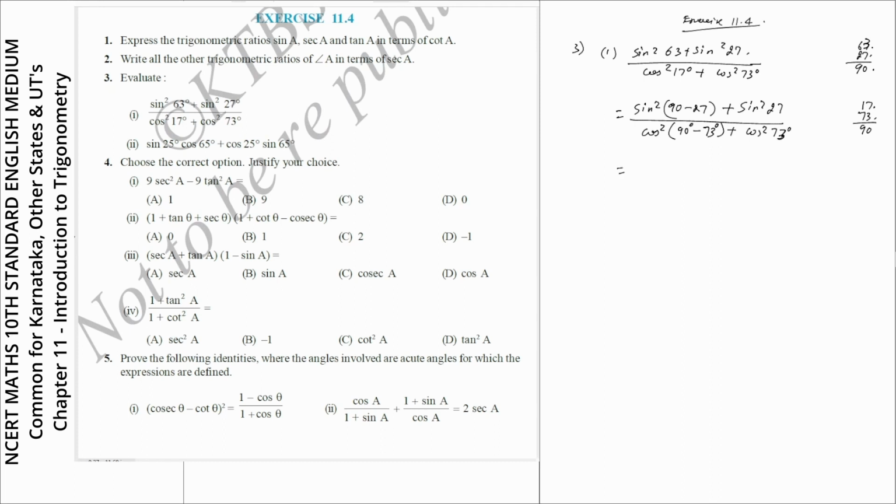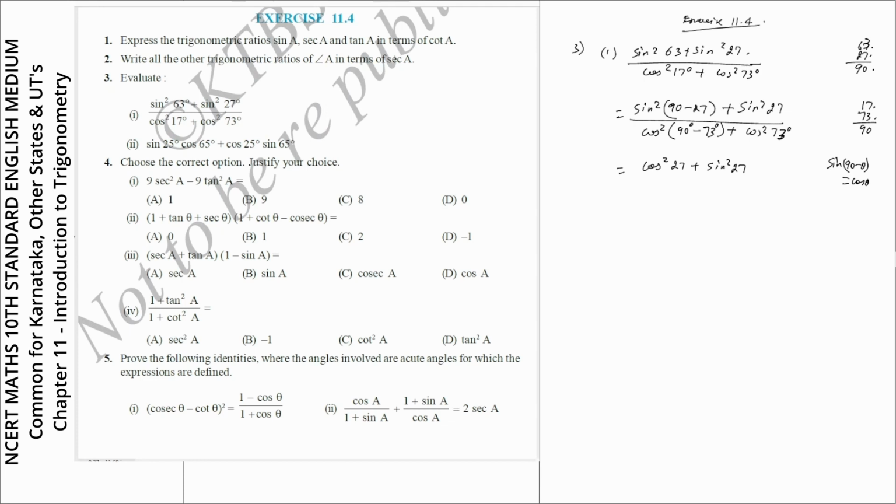Now sin square of 90 minus 27 is cos square 27 plus sin square 27. Why? Sin of 90 minus theta is equal to cos theta. We have learned this in trigonometric ratios of complementary angles.